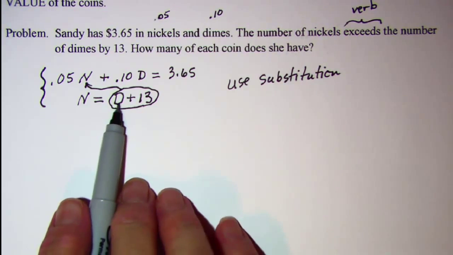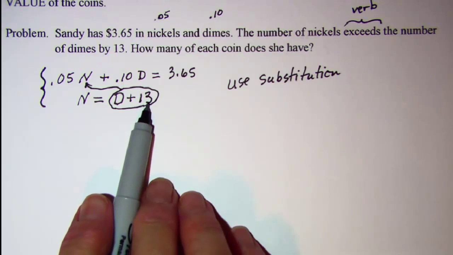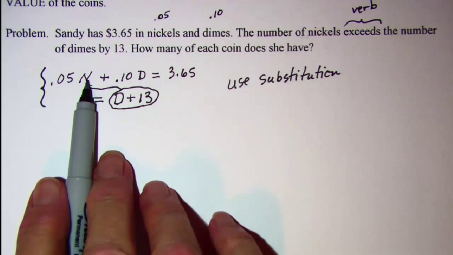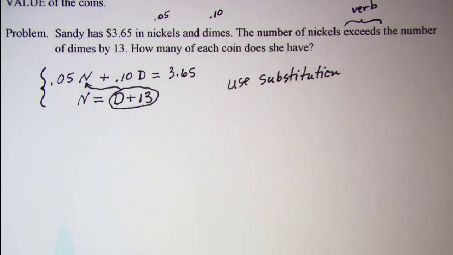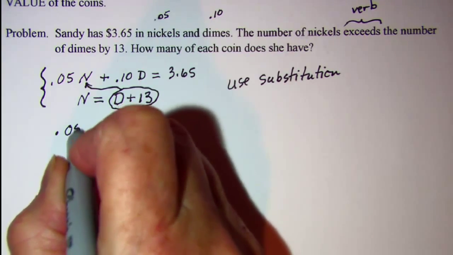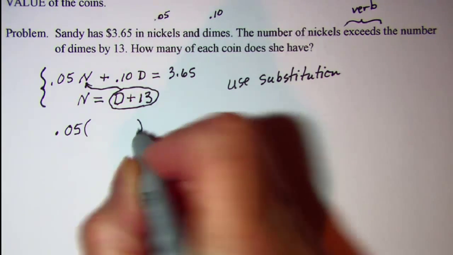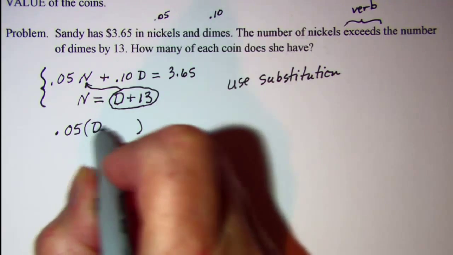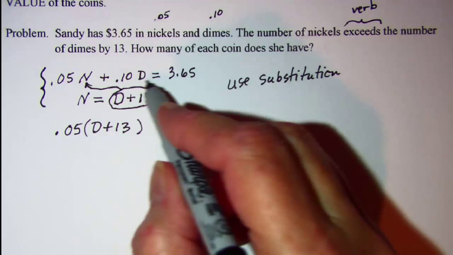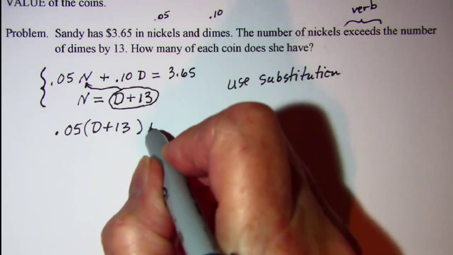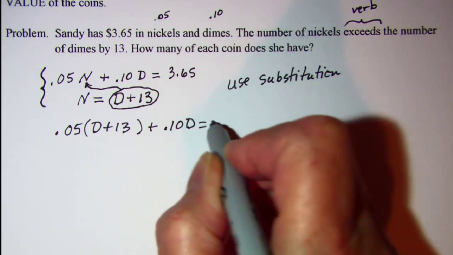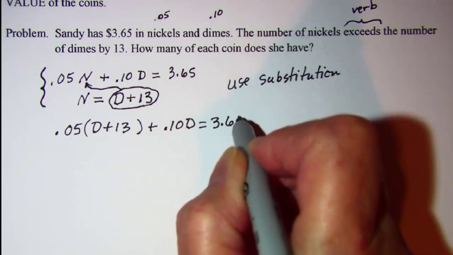And I'll put this expression, d plus 13, since it's equal to n, into the first equation in place of n. So now I have 0.05, and then in place of n, I'm going to put d plus 13, and then continue writing my equation, plus 0.10d equals 3.65.